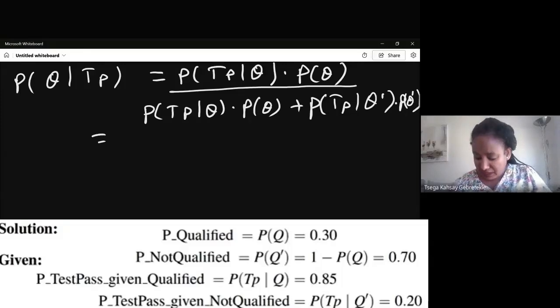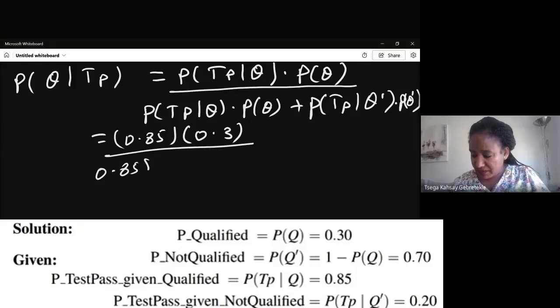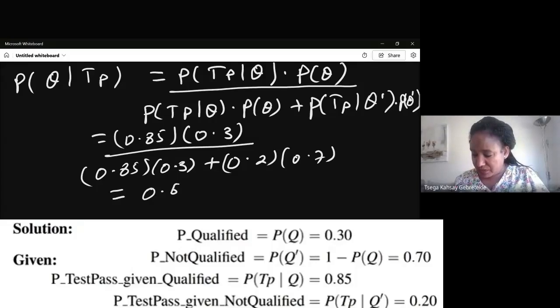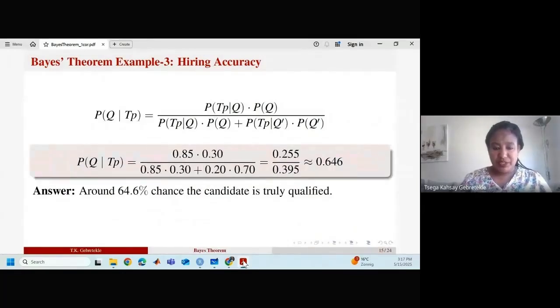And this one is 0.85 times 0.3, divided by 0.85 times 0.3 plus 0.2 times 0.7. And that expression is 0.646. And we can also see this calculation here, which is 0.646. And we can say there is around a 64.6% chance the candidate is truly qualified.